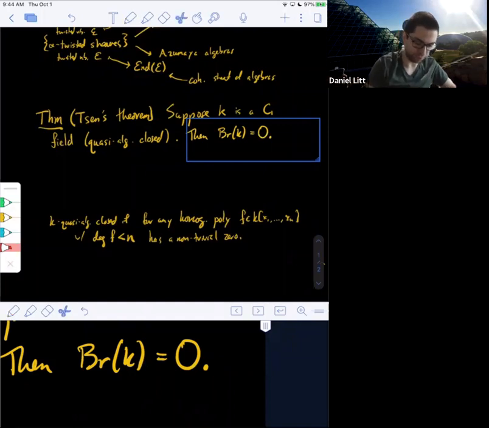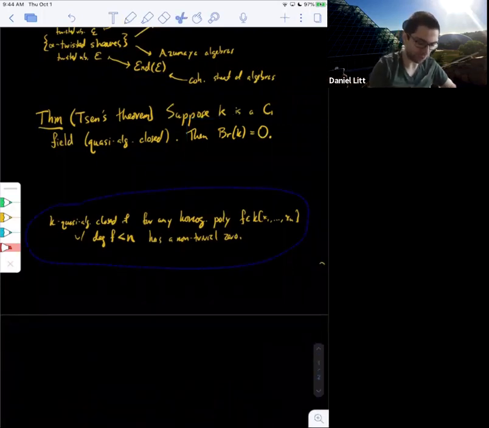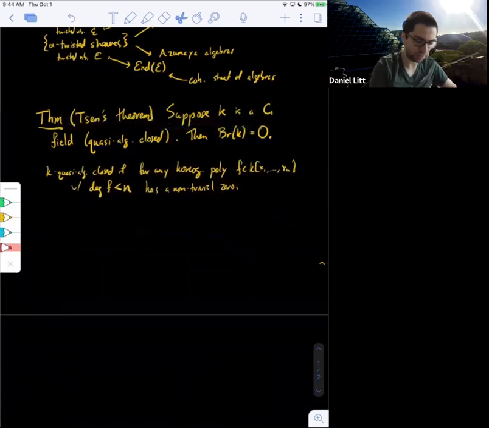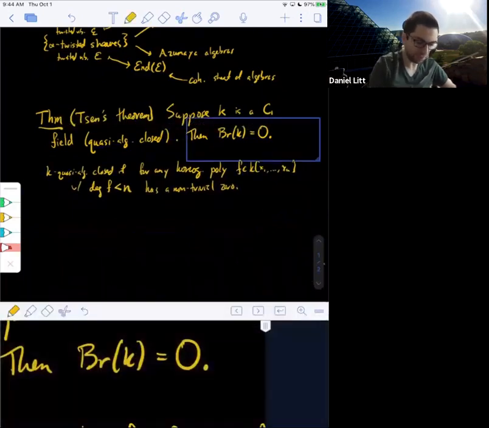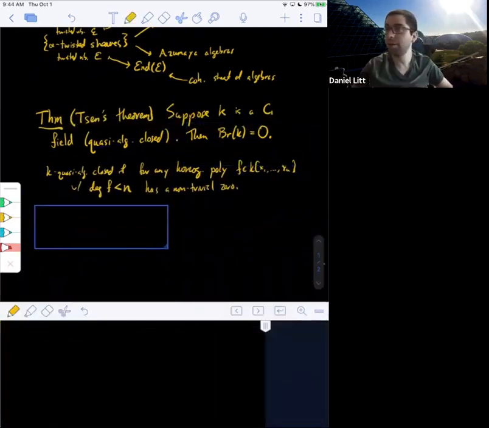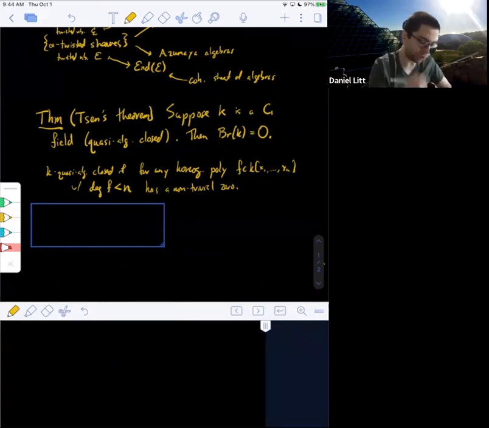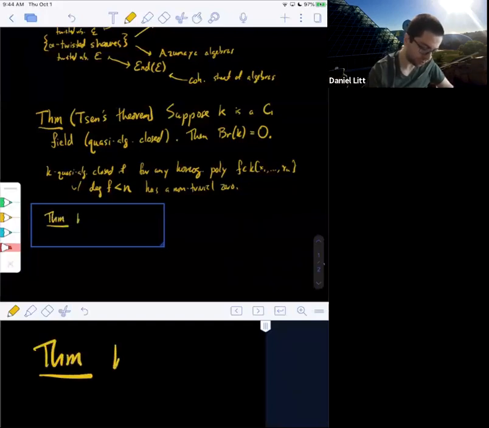All right, are there any questions about the statement? So maybe let me move the definition of C1 or quasi-algebraically closed up here. All right, are there any questions about this? Okay, and then we're also going to prove the following theorem. Suppose K is one of the following two things.